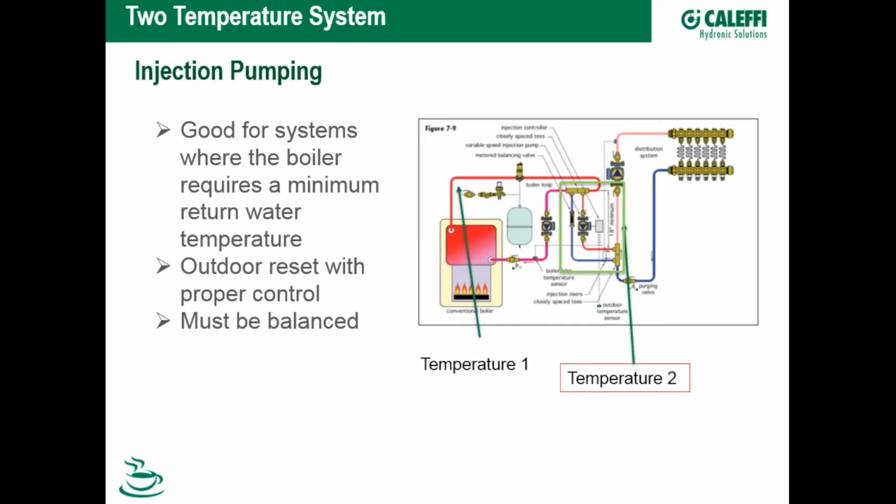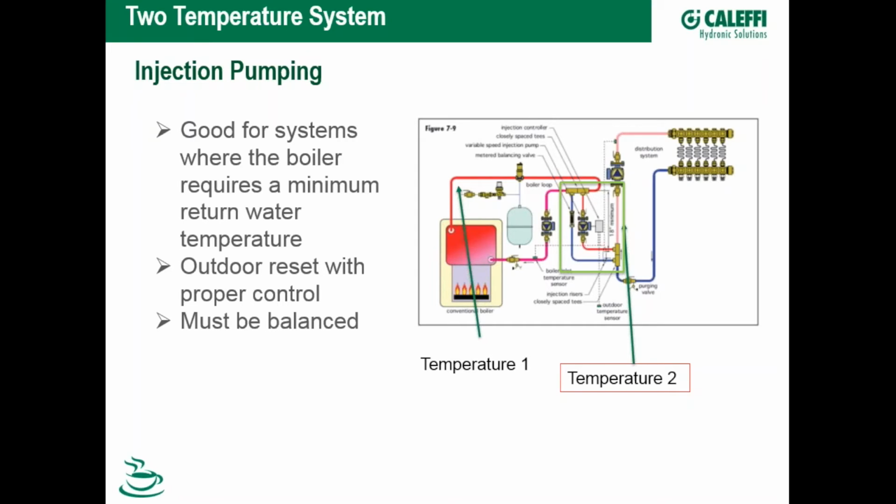On the distribution side, and I'll point out this sensor here, based on this sensor here, it's always driving to a water temperature driven by the injection controller. So it's that water temperature, then it works the injection system to maintain that water temperature, and in most cases, that water temperature is running off of outdoor reset.